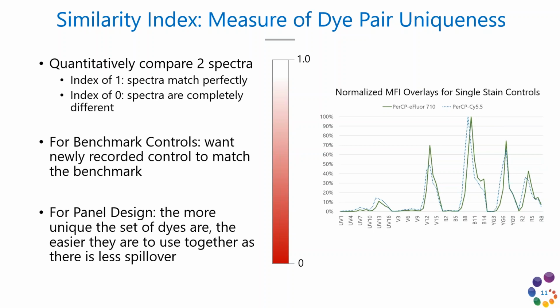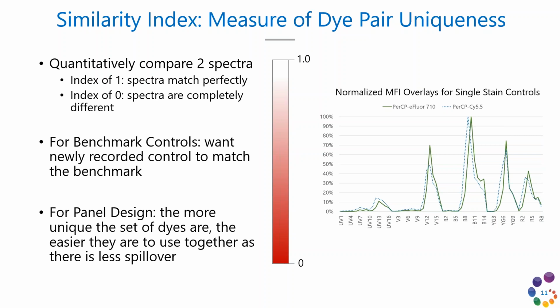What you're looking at is a normalized MFI spectrum overlay. We exported the MFI from every single detector on the Aurora for each of these single stain controls. And we normalized the MFI, so now it's on a scale of 0 to 100%. In green, you're seeing PerCP-eFluor 710, and in the dotted blue line, you're seeing PerCP-Cy5.5.